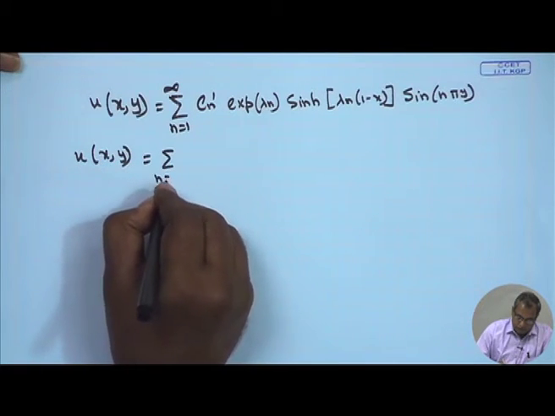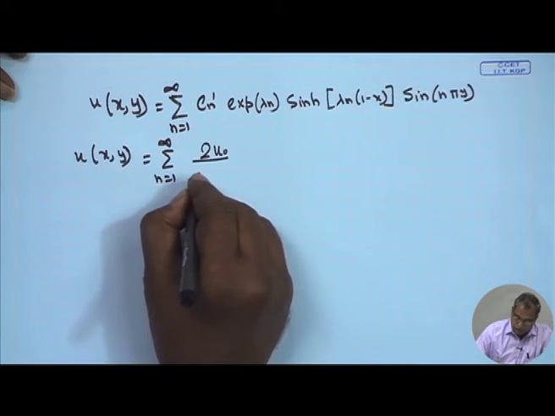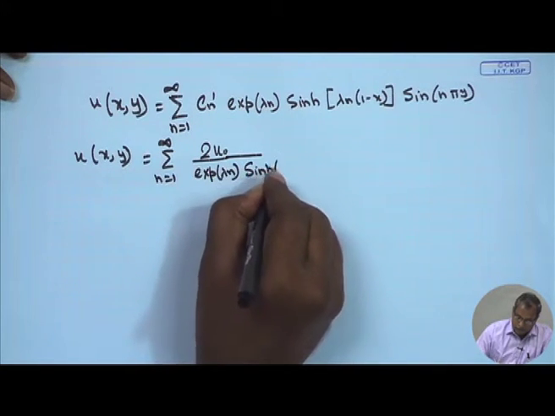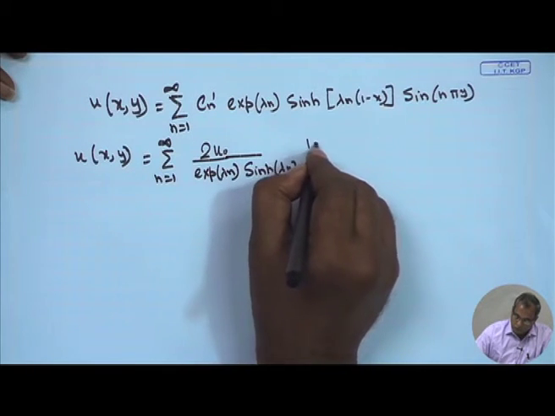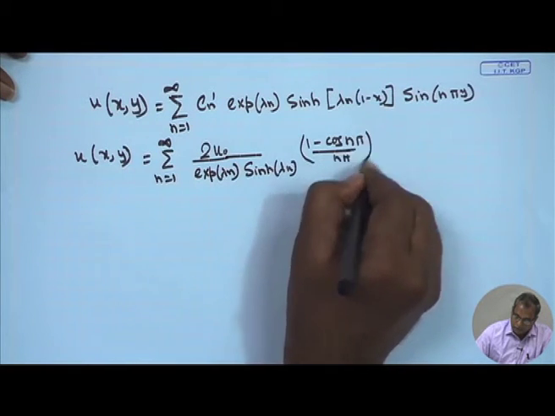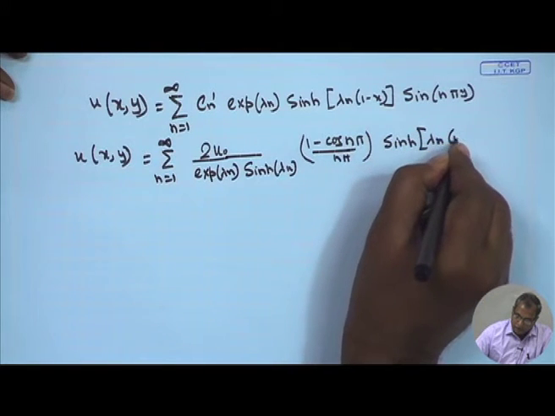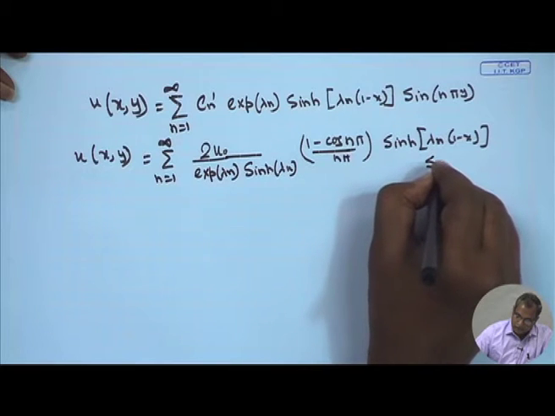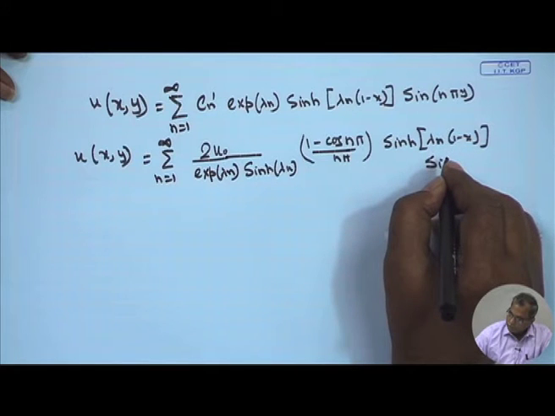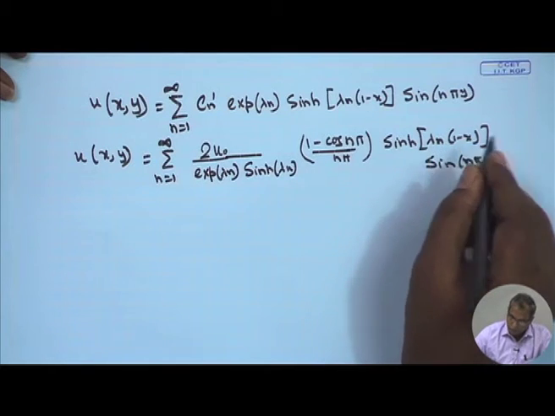So, this will be summation n is equal to 1 to infinity, where Cn prime is 2 u0 over exponential lambda n sine hyperbolic lambda n, times (1 minus cosine n pi) over n pi, times sine hyperbolic lambda n (1 minus x) sine n pi y multiplied by exponential lambda n.